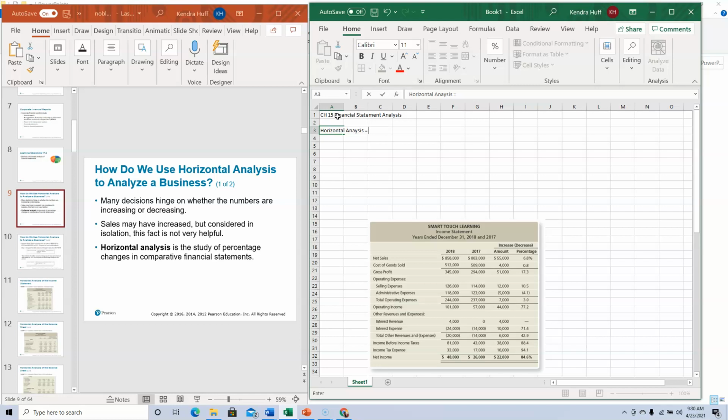So we're going to be analyzing information across the years, to see how things have changed from one year to the next.